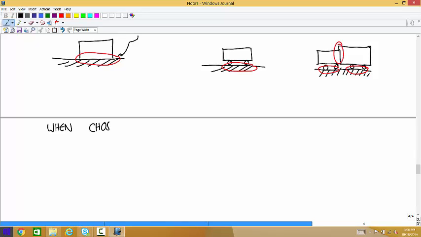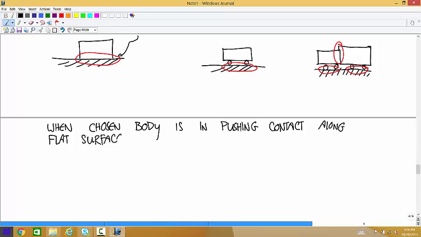So when the chosen body is in pushing contact along a flat surface, then the contact force is perpendicular to the flat surface of contact.